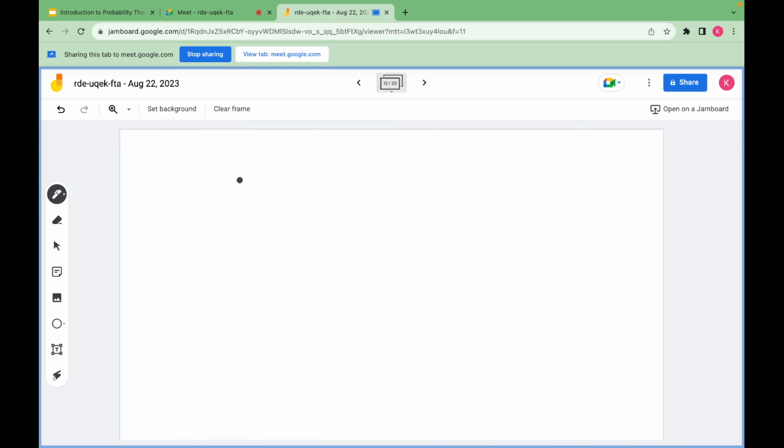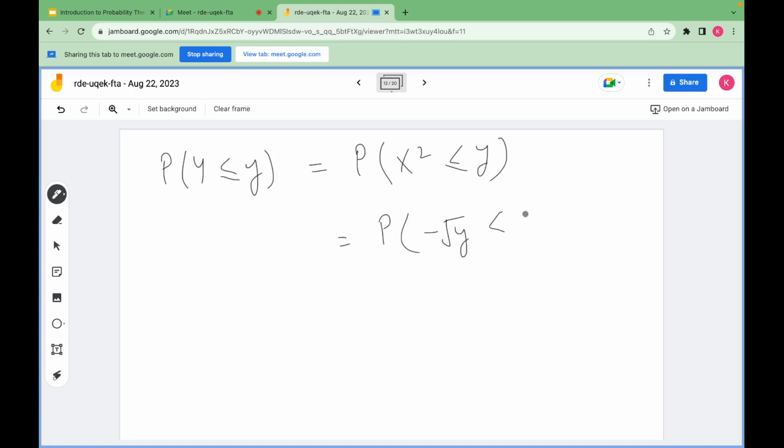Now we need to find the probability distribution for small y, where y is x square. So I can write it as: now I can integrate my f(x) function from minus root y to root y. I like to solve the problem with this method because it is more fundamental.